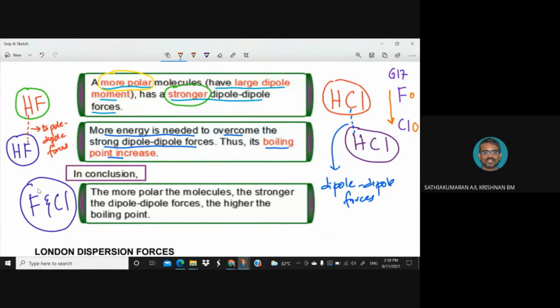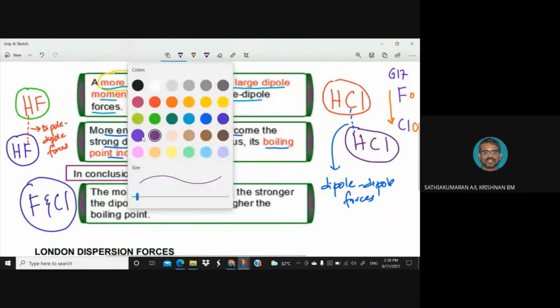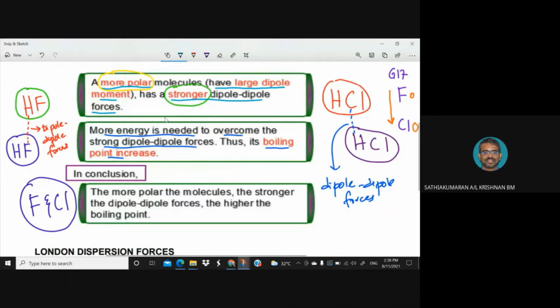If it has higher electronegativity, the molecule will be more polar. So if the molecule is more polar, the dipole-dipole forces will also be stronger, very strong. If very strong, can we easily break these dipole-dipole forces?